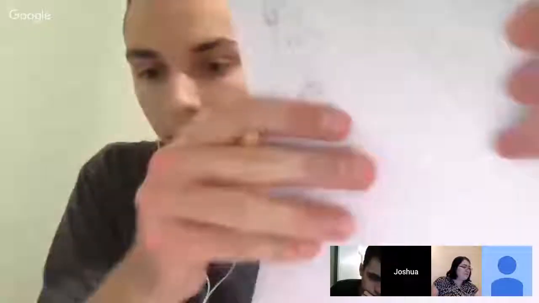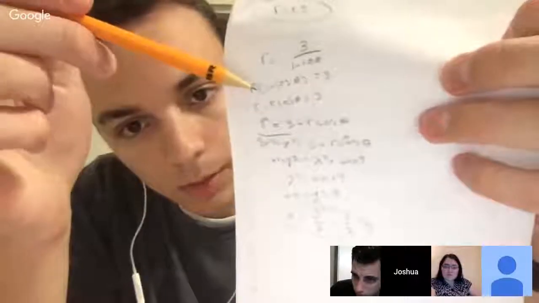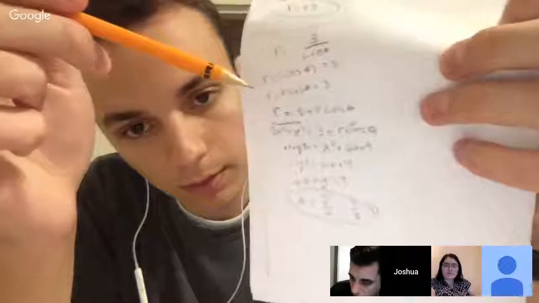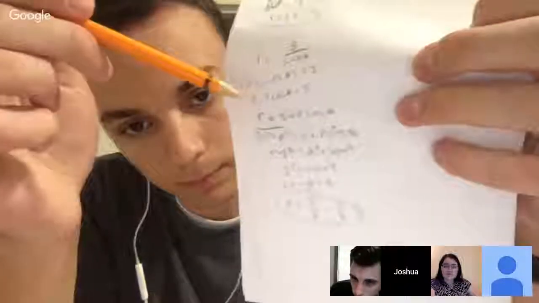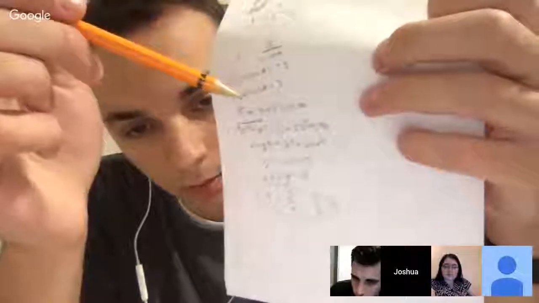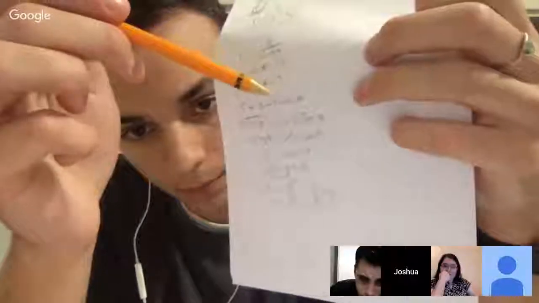Has anyone figured out that third part? I guess I'm still not seeing where the 6 is coming from. So here you bring up the 1 minus cosine theta, and then you times the r by that. And then you move the r cosine theta back over.